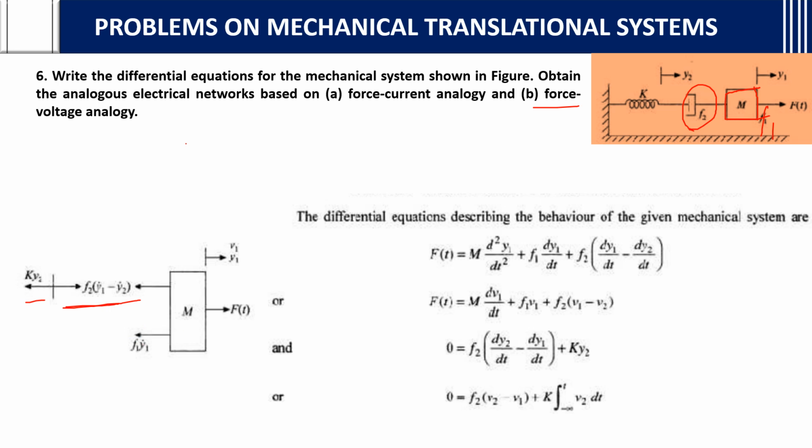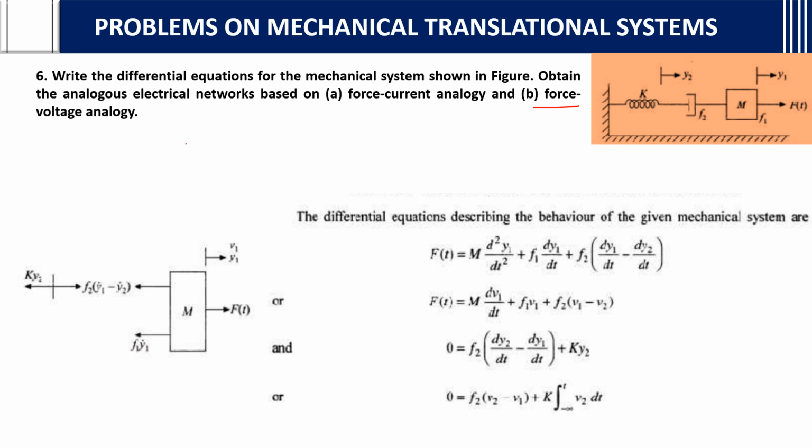Keep that in mind. If F1 or K is given, then you will take it as Ky1. But here they have given F1, so F1 y1 dash, or F1 dy1 by dt, we need to consider.